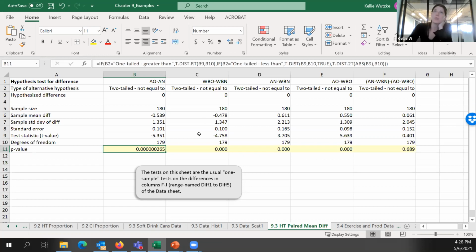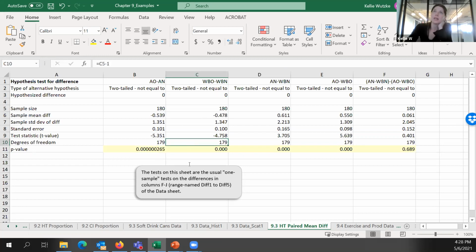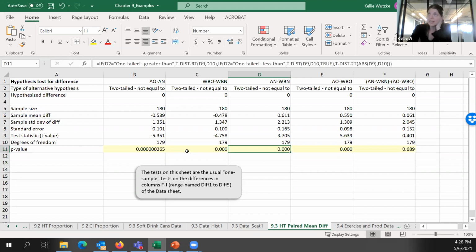If we're looking at would they buy, the difference between would they buy the old and new, again, yes, there's a very strong difference in opinion. If we look at whether there's a difference between the means for how they rated the attractiveness and whether they would buy it, that checks out.